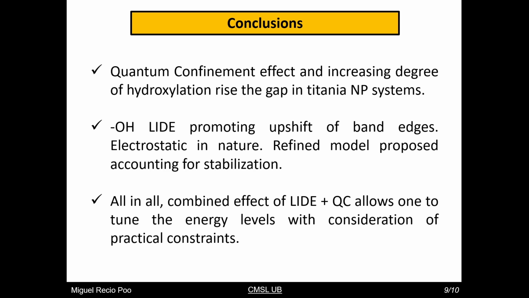This upshift is electrostatic in nature. And lastly, as I showed in the previous slide, combining the ligand-induced dipole effect and quantum confinement allows one to tune the energy levels with consideration of practical constraints, which in our case was generation of hydrogen, the main goal of sun-driven water splitting.